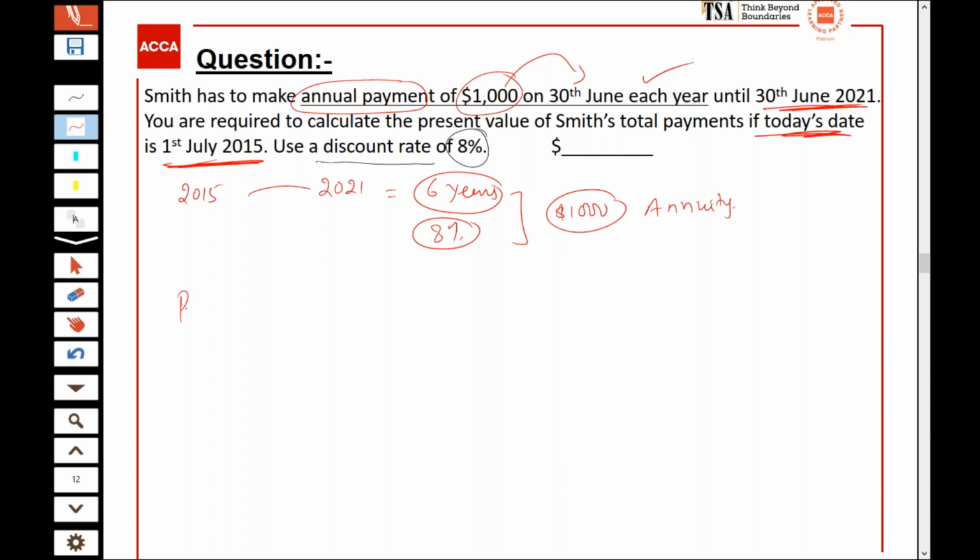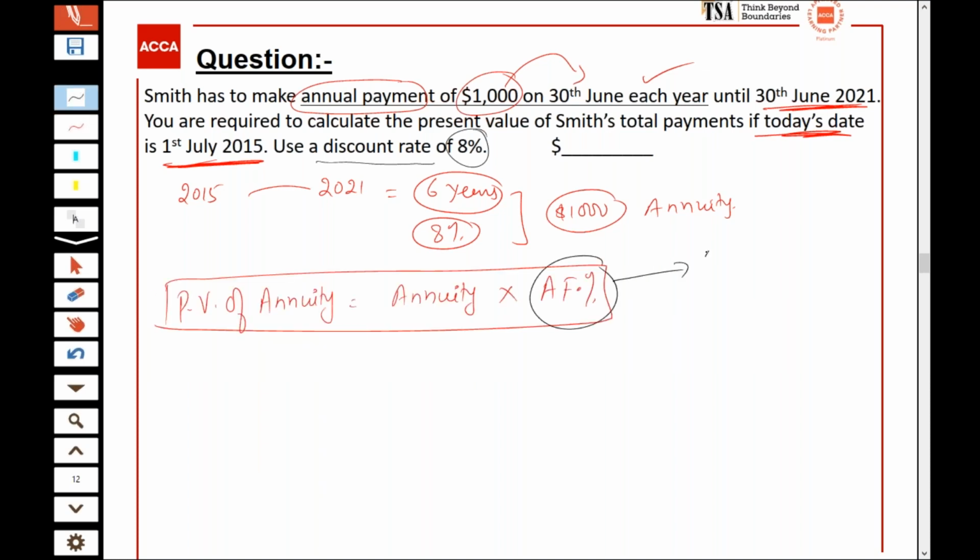So present value of annuity is annuity multiplied by annuity factor, and for the annuity factor we will be using 6 years and 8%. So what is the annuity? That is $1,000.